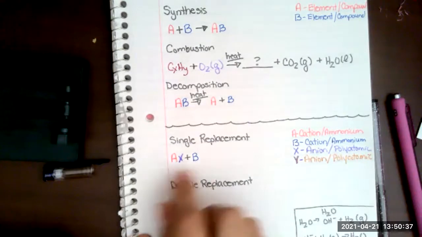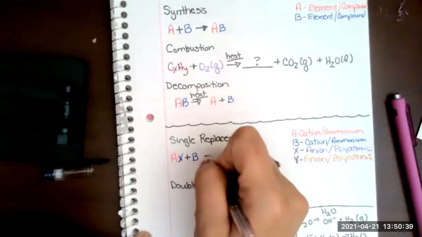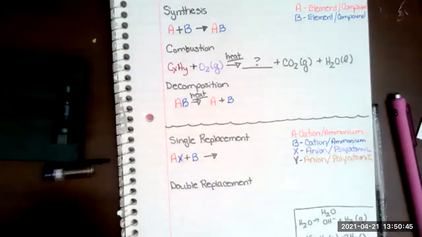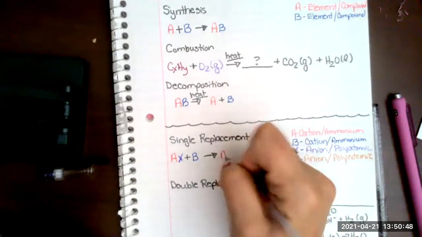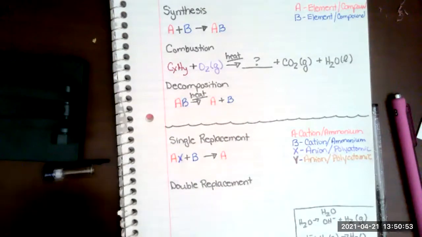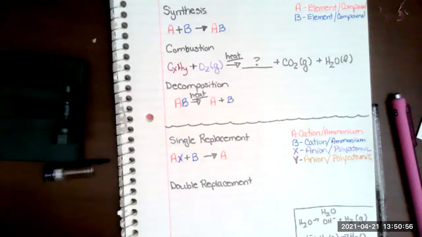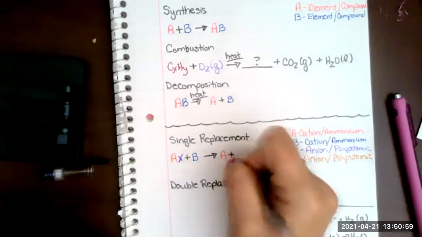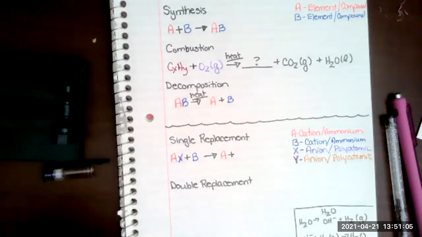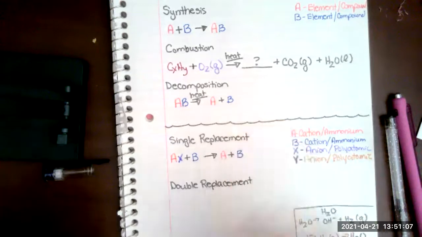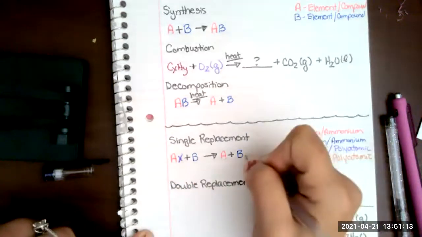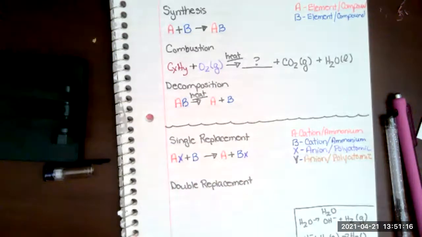So you're gonna have AX plus B, and what's gonna happen is this X is gonna go over to the B. So the A at the end will end up standing alone, so it'll be A. So the A that was in a compound is now by itself, and that B now will be in an ionic compound with X. So the anion just switches places.